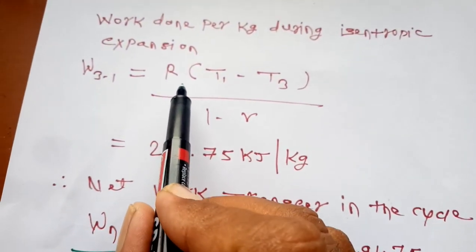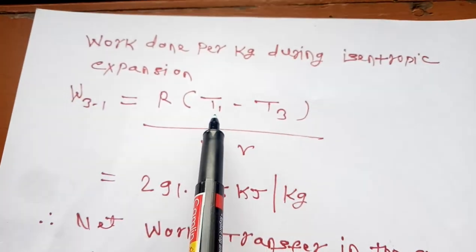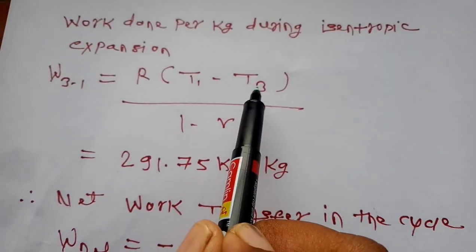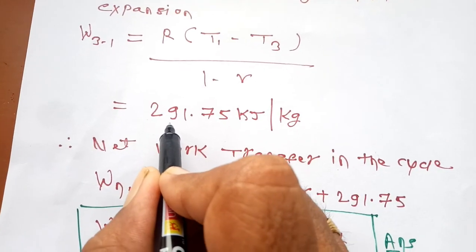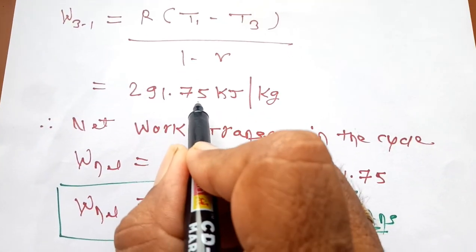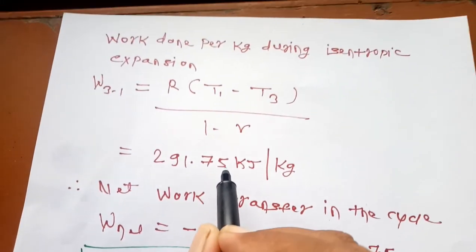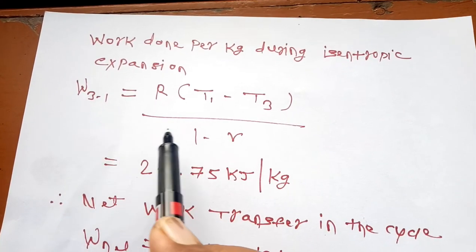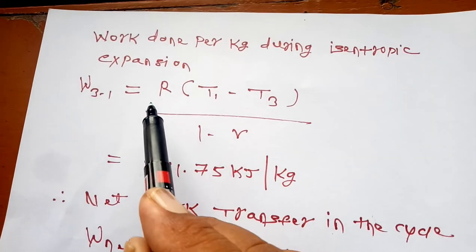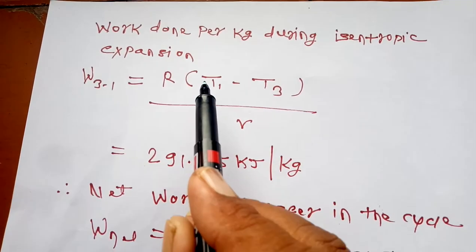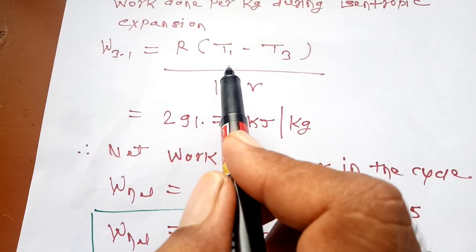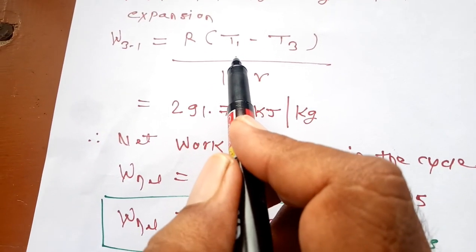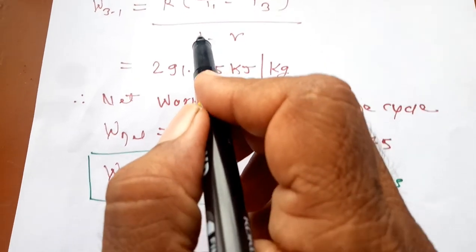W31 is equal to R in bracket T1 minus T3 divided by 1 minus gamma. So W31 comes 291.75 kilojoule per kg. So here we have to memorize all the thermodynamic relations, that is work done, then different temperatures and pressure equations. So this is very important to memorize all the thermodynamic relations at the appropriate time.